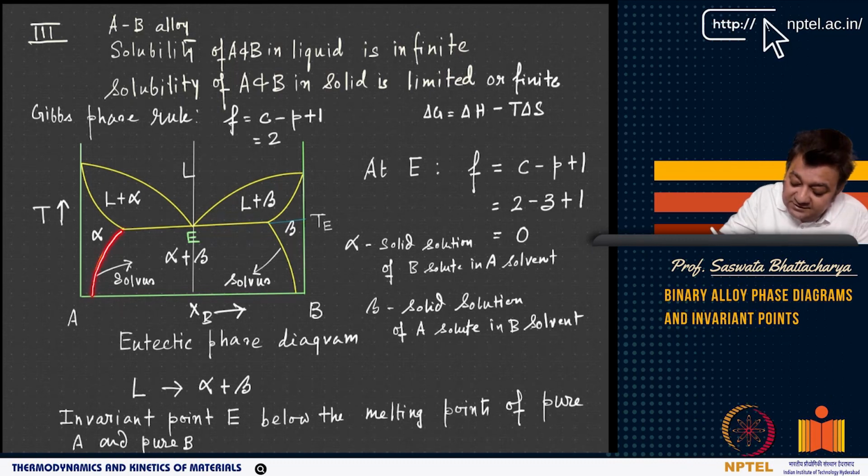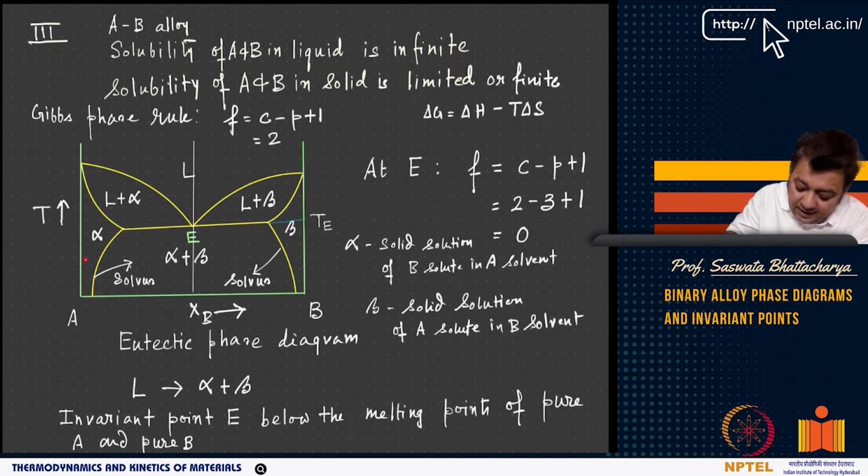You have these solvus curves, and you have this alpha single phase region, beta single phase region, and this alpha region. The maximum solubility, basically you will see the solubility limit of B in alpha increases with increasing temperature. See, here it was the solubility limit, and this point was the solubility limit.